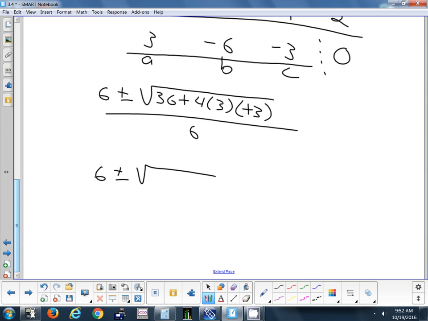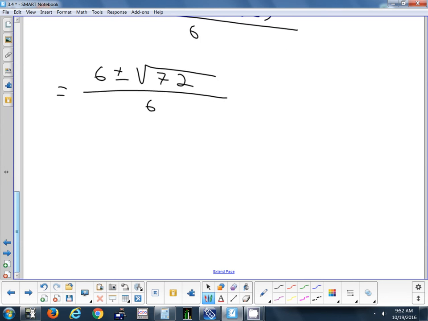What's 4 times 3? 12 times 3? And then plus, what's 36 plus 36? 72. All right. Can anybody think of a perfect square that divides into 72?